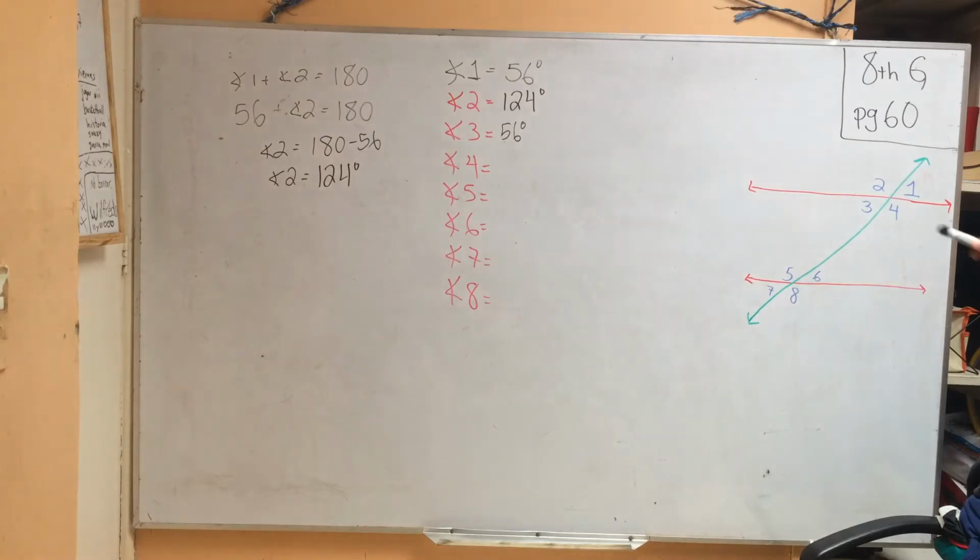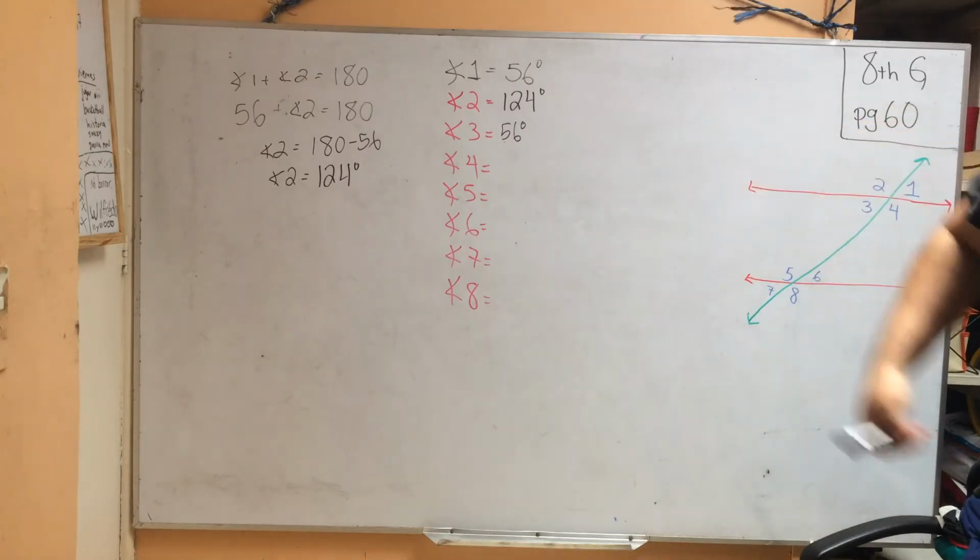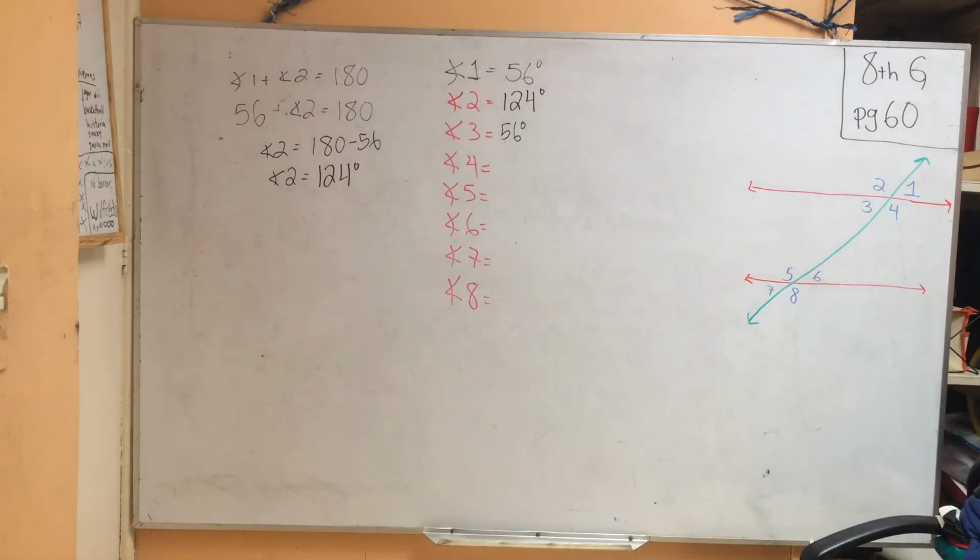Now, if angle number 3 has the same measurement as angle number 1, that means that angle number 4 is a supplementary angle of angle number 3. So how do we find the measurement of angle number 4? We take the addition of both, and they equal 180.